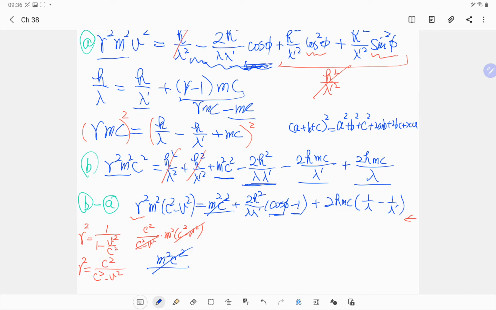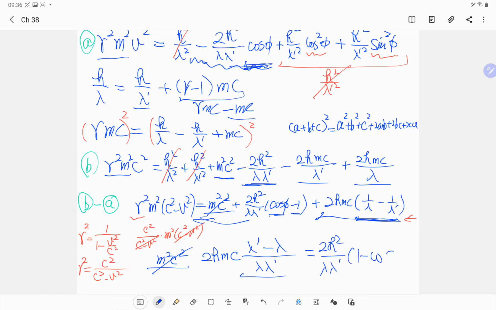It is somehow like this term is 2hmc, and then we have lambda prime minus lambda over lambda prime. So we just subtract these two terms, so it becomes this one, and then we move this one to the left side and put it here. So it becomes 2h squared over lambda prime times 1 minus cosine phi.